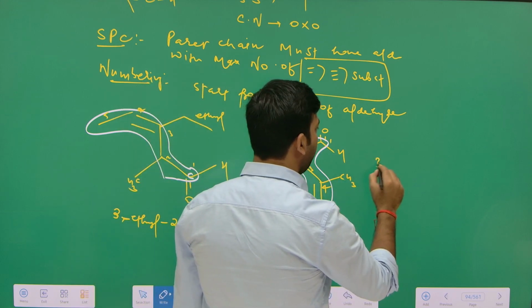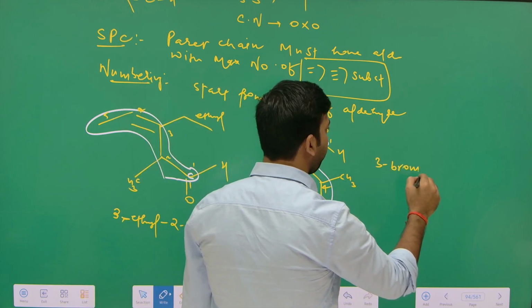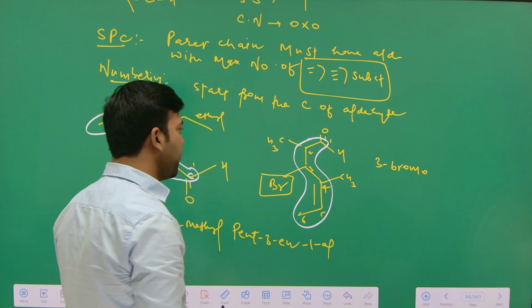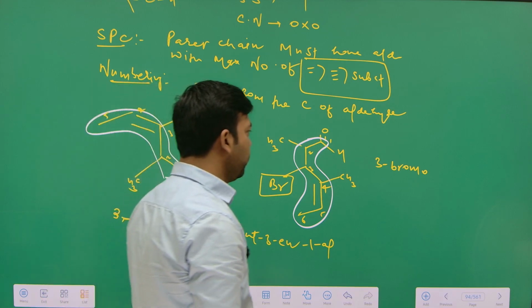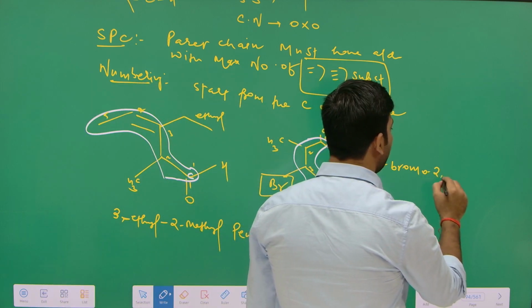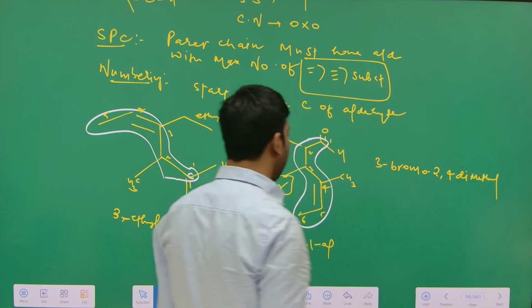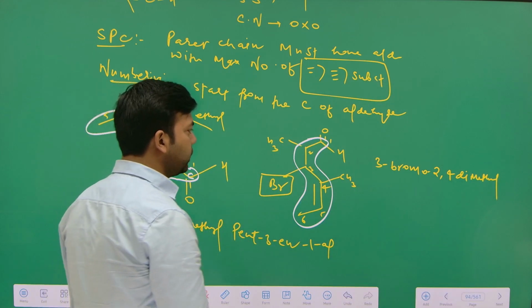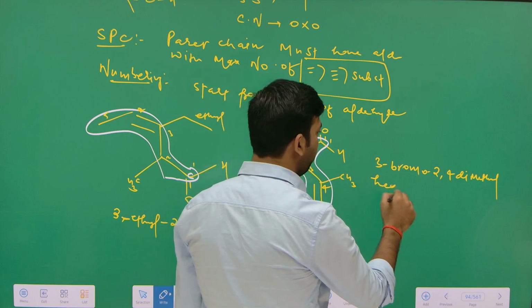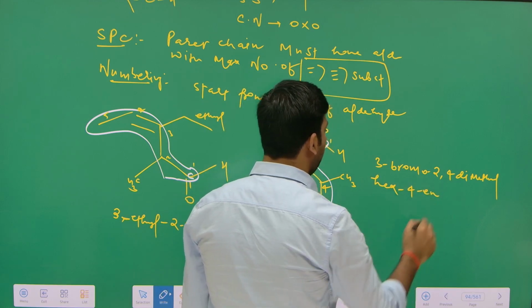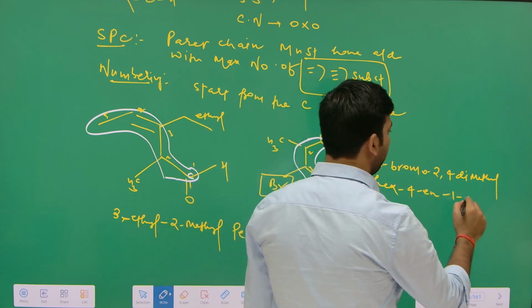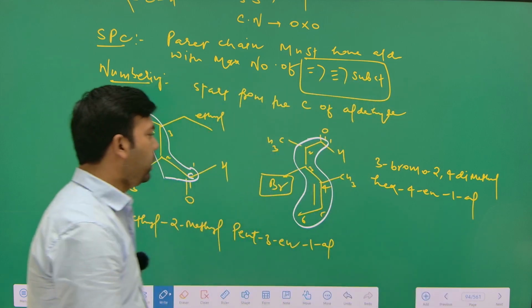So 3-bromo and then 2,4-dimethyl, after that hex-4-ene, and 1-al. Okay, so this is aldehyde.